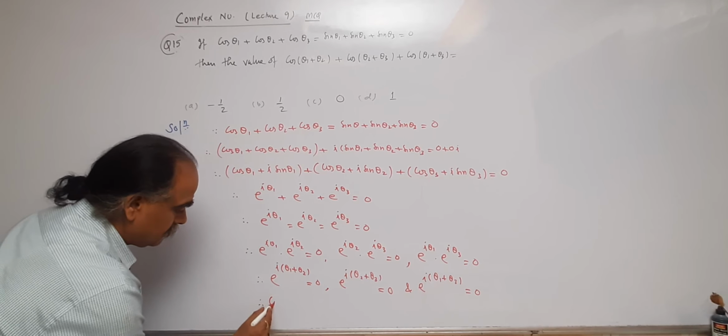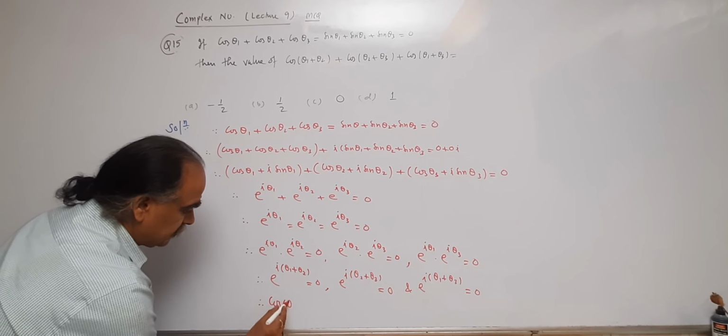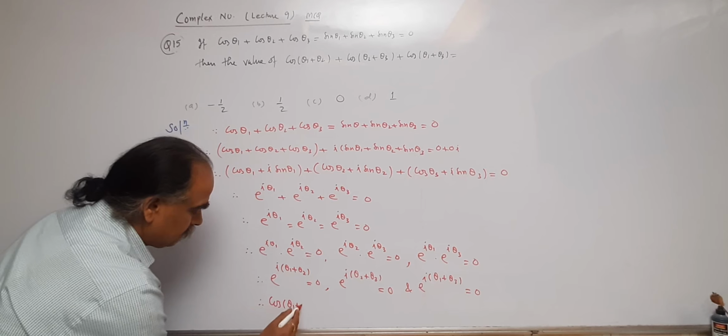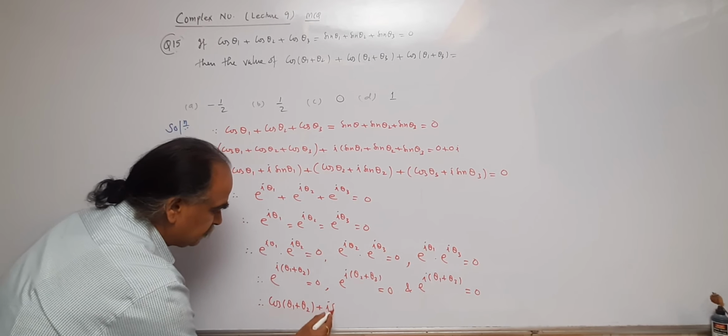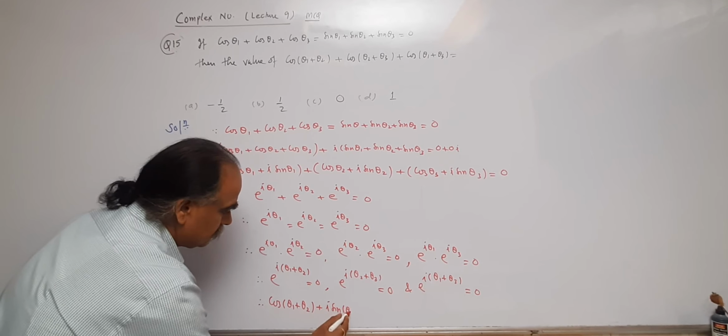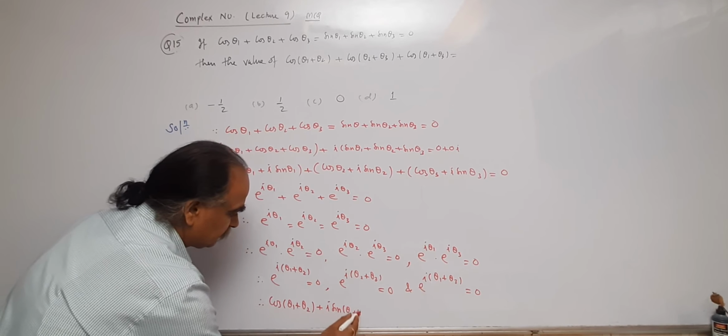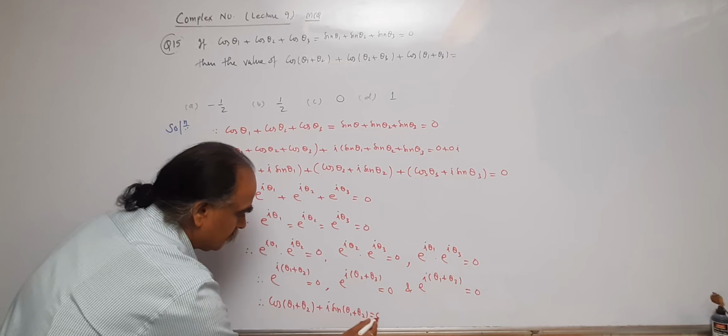Therefore, cos of theta 1 plus theta 2 plus i sin of theta 1 plus theta 2 is 0.